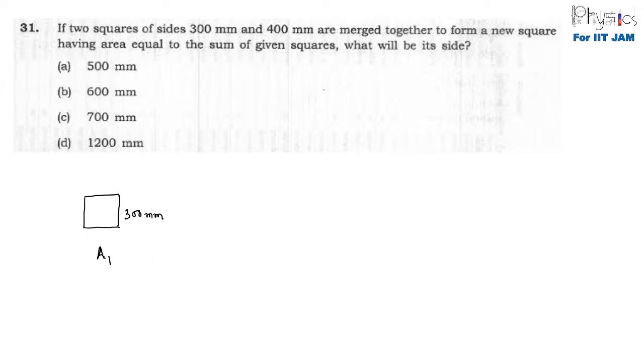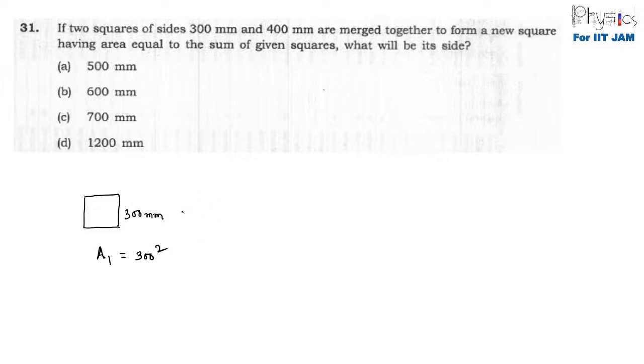So we know the area of a square is equal to the square of its side, that is here 300 square.